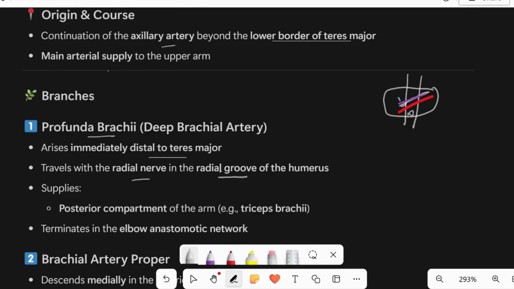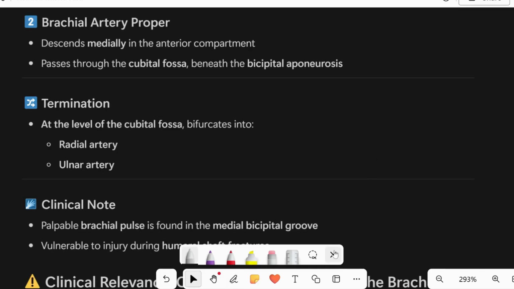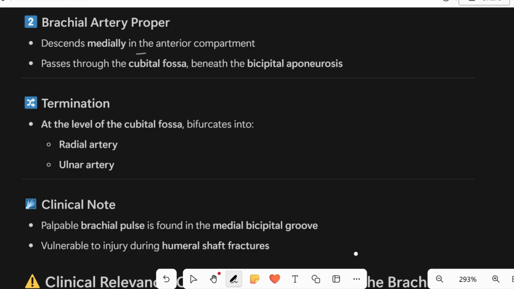So it supplies the posterior compartment of the arm and it is involved in making the anastomosis around the elbow joint. Then the brachial artery proper, it descends medially in the anterior compartment and it passes through the cubital fossa beneath the bicipital aponeurosis. It terminates in the cubital fossa at the neck of the radius.